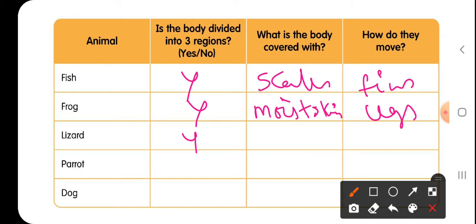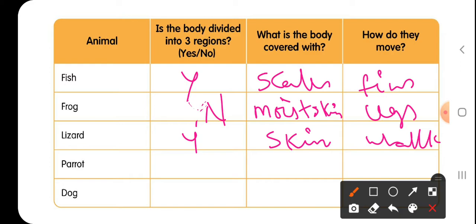Okay. So here, in case of your frog, if you will see, it doesn't have a tail now. So here only in case of a frog you have to write no. So in case of lizard, the body covering is skin. How will they move? They will stick to the wall and they will walk on the wall.